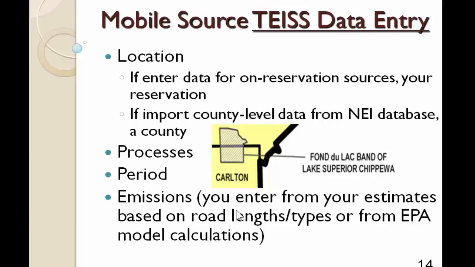The time period of the emissions, and then the actual emission values themselves. And these could be based again upon looking at the proportion of road lengths and the types of the emissions from a larger jurisdiction and scaling them down to the road lengths and types on your tribal land, or if you're looking at EPA models, what the actual emissions values are.